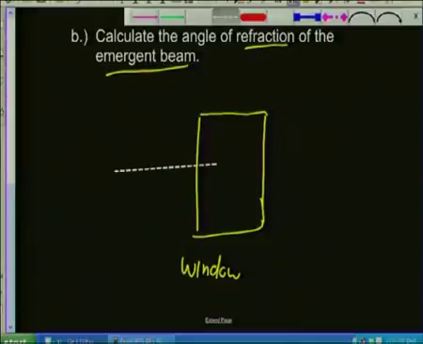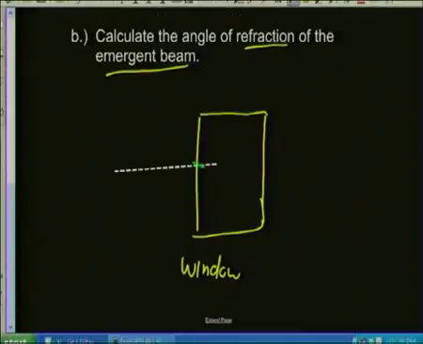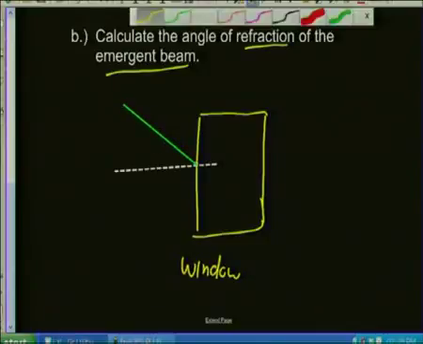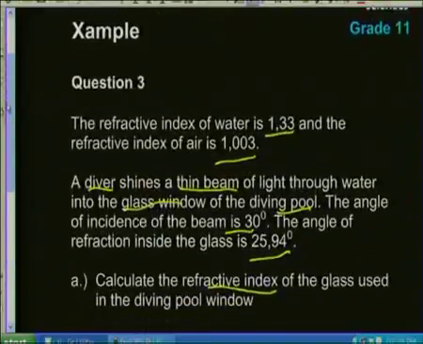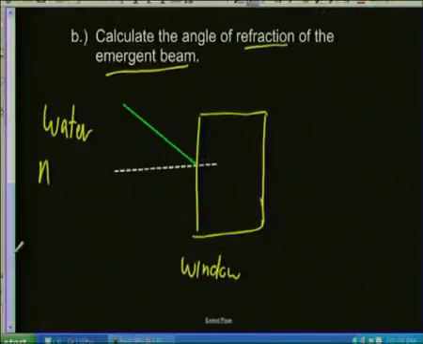Secondly, I'll try and use a different color to show the beam of light. I want it to go in that way, but I'm going to move it so it's pointing in the right direction. So it's coming from water. So it's in water to start with. The refractive index of water was given right at the top there as 1,3.